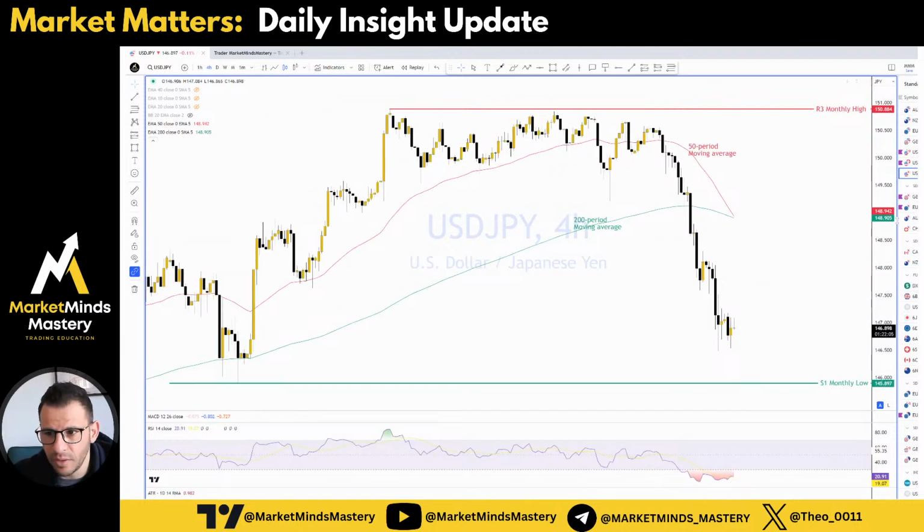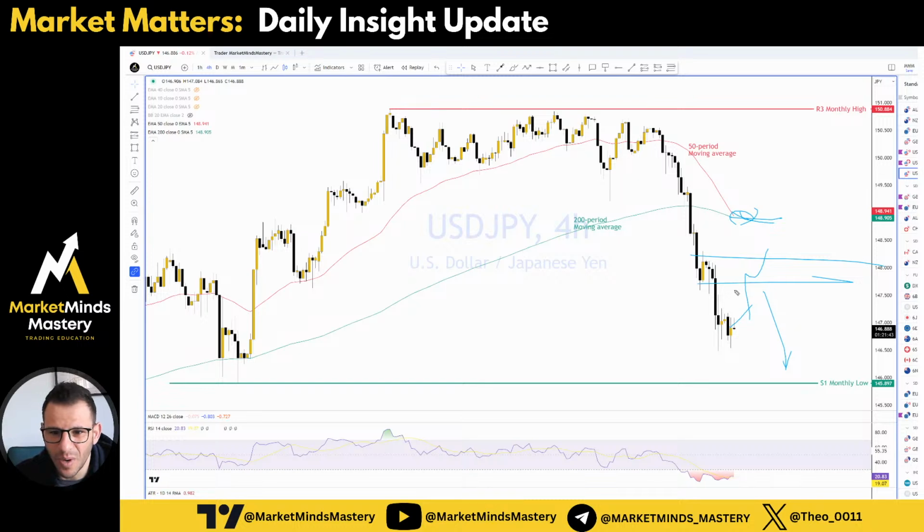How to enter short here? Well, if price will retrace and gives us some entry points from this point, we might take it and go short. Or if it climbs somewhere around the crossover of the moving averages, maybe we're going to take it.